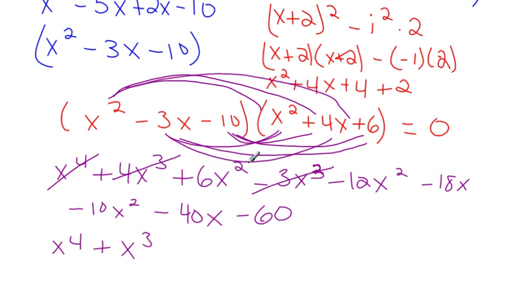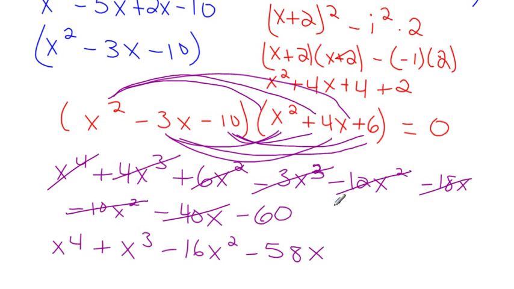Then we have a 6x squared minus 12x squared. So that's going to be negative 6x squared. But then we also have the minus 10x squared, so it becomes negative 16x squared. Then we have a negative 18x and a minus 40x. That becomes minus 58x. And then lastly here we have minus 60 equals 0.